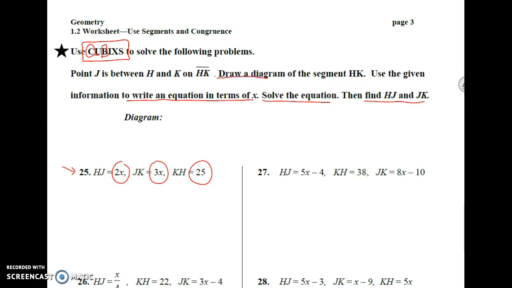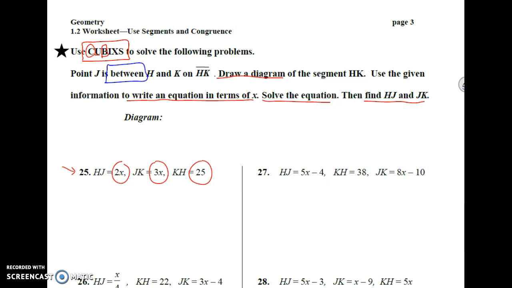Then we will box the important geometry words. In this sentence, we know that J is between H and K. That will help us draw the picture. I think that's the main one.